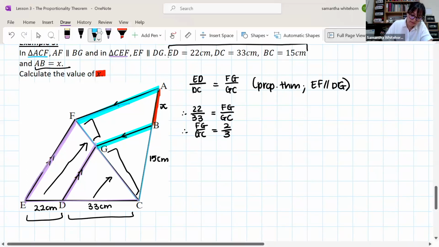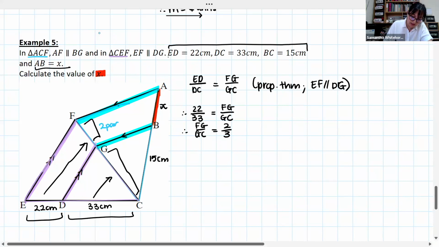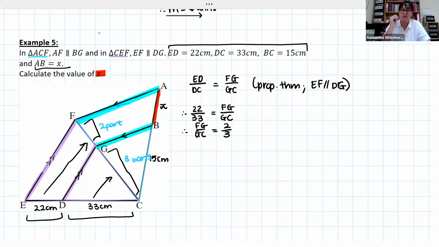So 2 parts here are in proportion to the 3 parts in the bottom segment. It's not a length. I'm not saying that FG is 2 centimeters and GC is 3. I'm saying it's a ratio, this many parts to this many parts.